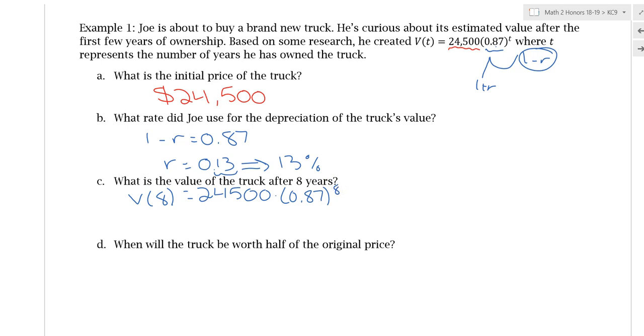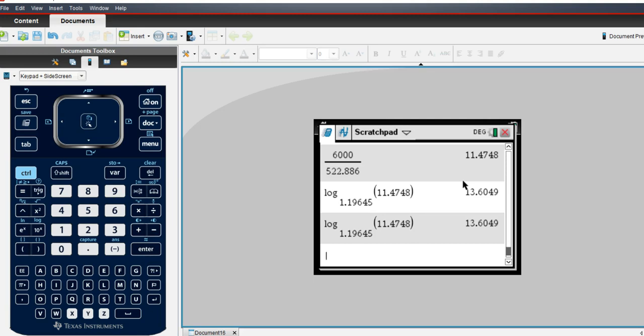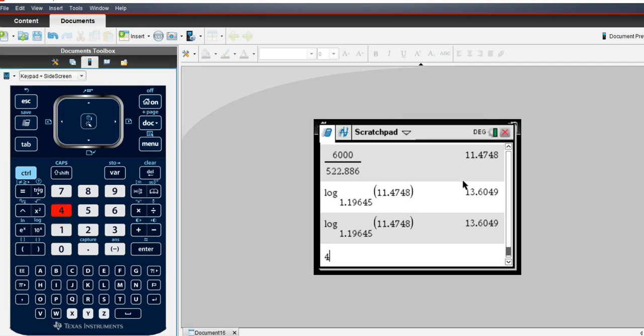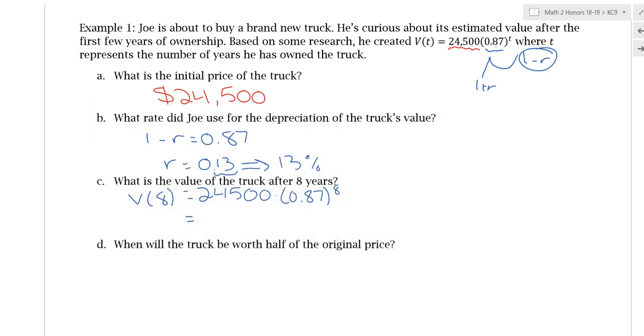So V of 8 equals 24,500 times 0.87 to the 8, which equals 8,041 and 19 cents. And this is in dollars, right? That's the cost of the truck.